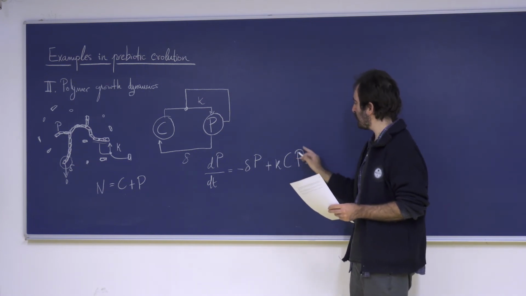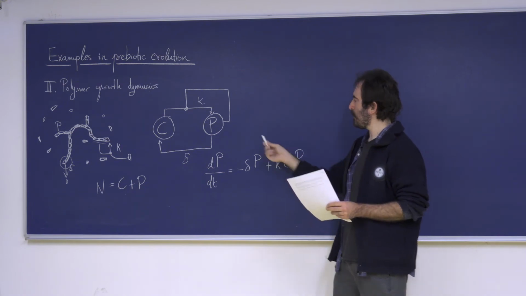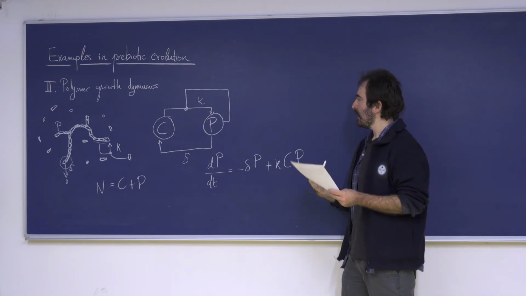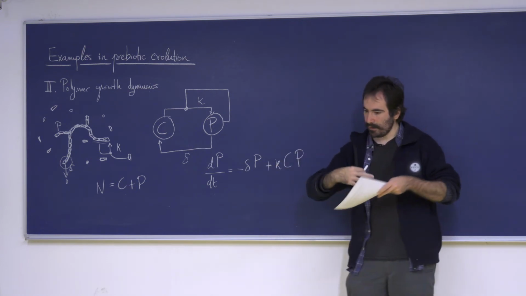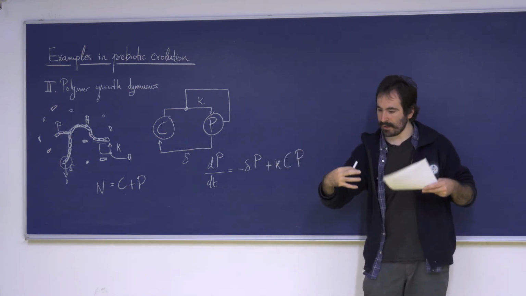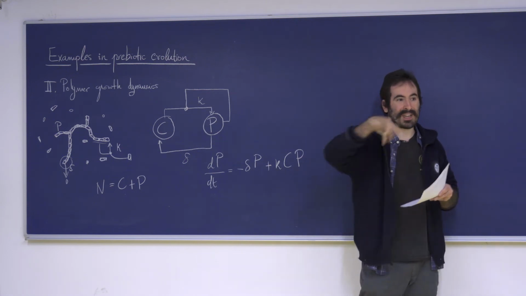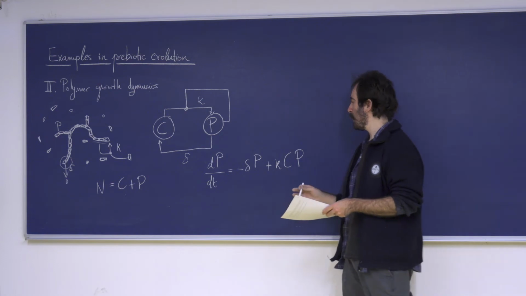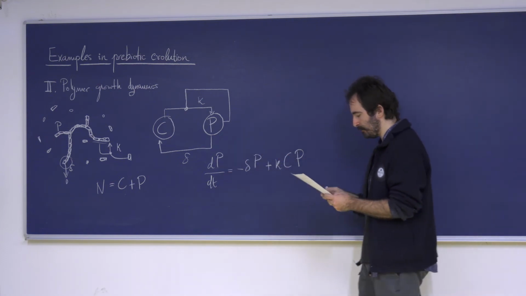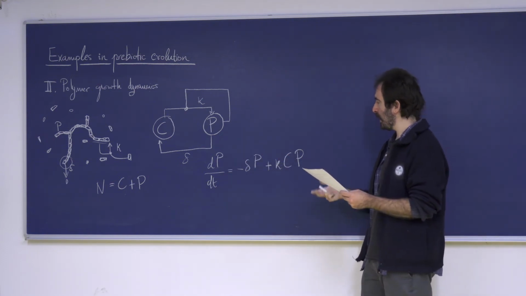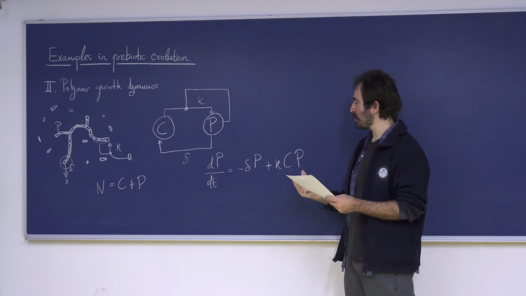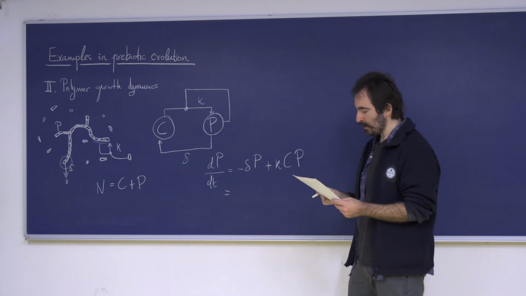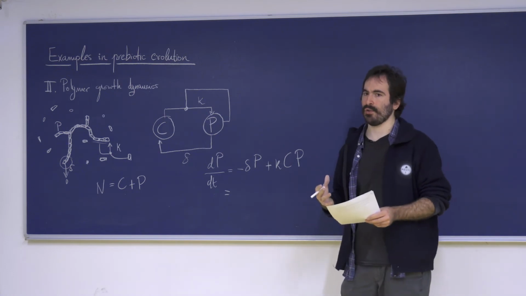And this effect here, the fact that P is sitting right here, is a reflection of this autocatalytic factor that happens in the following way, right? The more monomers that are inside the polymer, the easier it is for them to capture these free-floating monomers. Great. So now that we have this equation, we shall include the constant population constraint in it, and then try to find its fixed points and its stability, and make a short discussion of it.